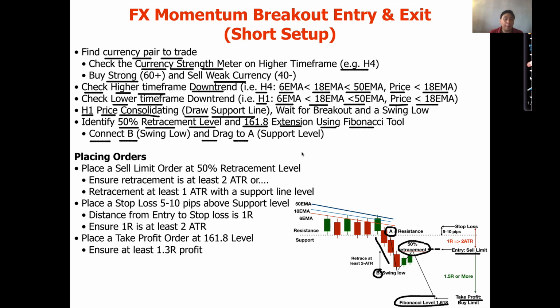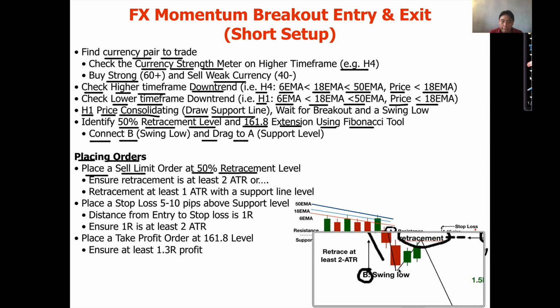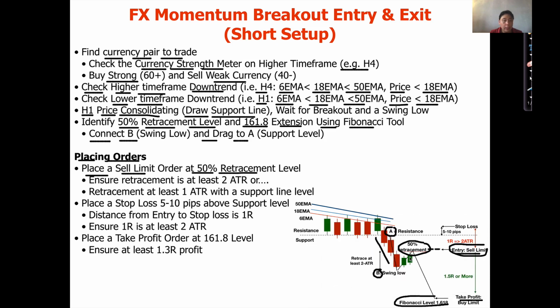Next, where do I place my stop loss? All right, so again, once you've got all that, you place your orders in. So place your sell limit order at the 50% retracement. There we go, place a sell limit order there. And again, ensure that this retracement that you see is at least 2 ATR.